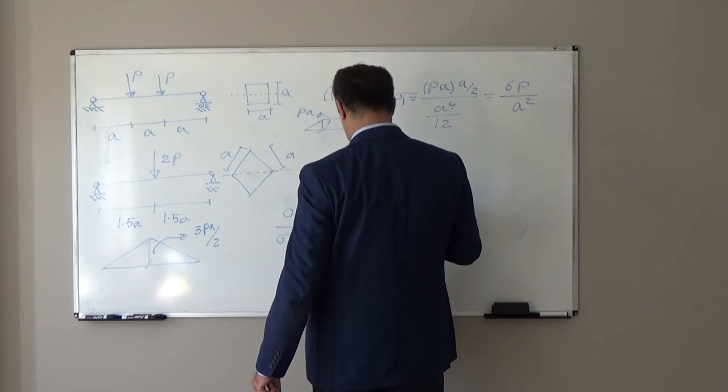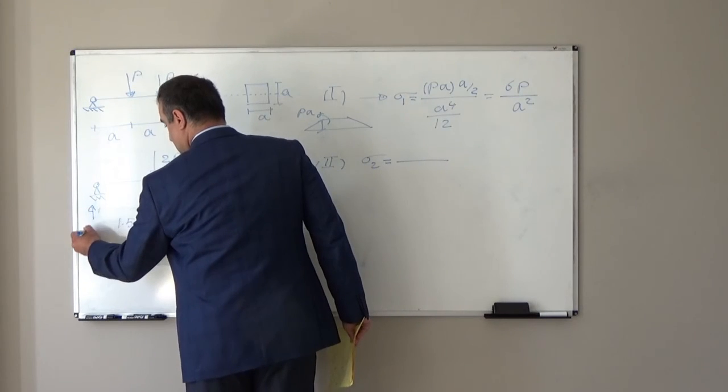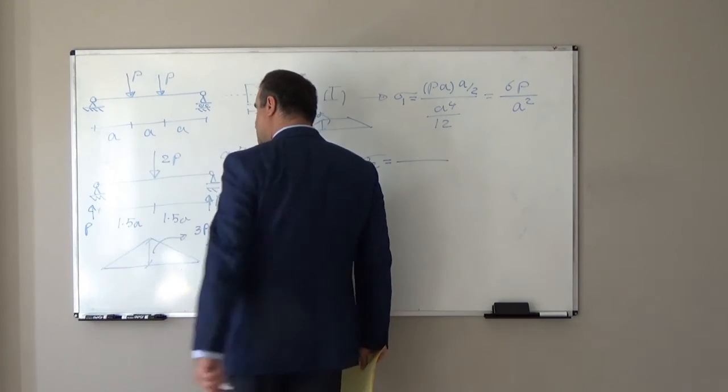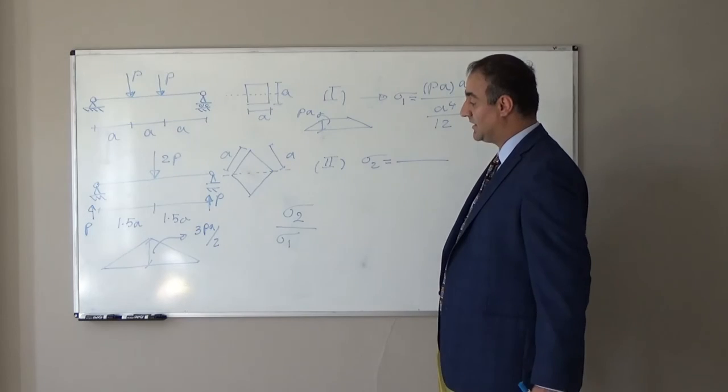Let's see if I'm right. Yes, here it will be P, so P and P times 3 over 2A, it will be 3PA over 2.